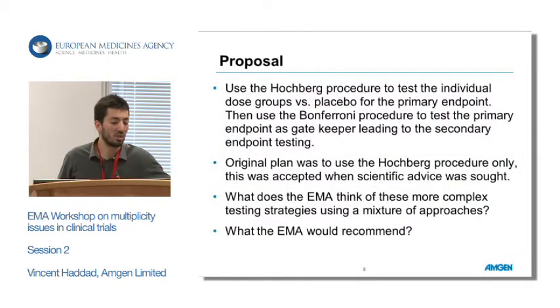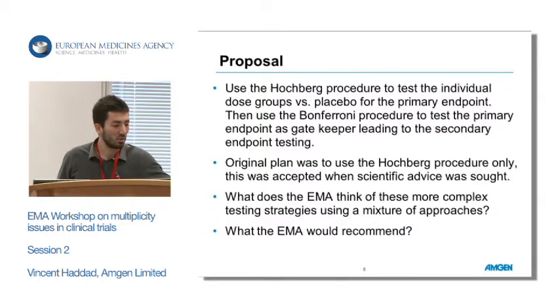So yeah, this was our proposal. I just explained it. The original plan was to use Hochberg, and this has been accepted when we sought scientific advice. So my questions are, what does the EMA think, and also the audience, of these more complex testing strategies using mixture of approaches?